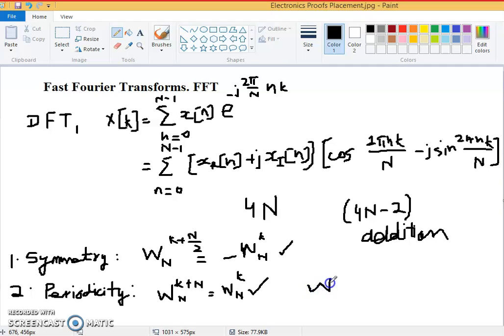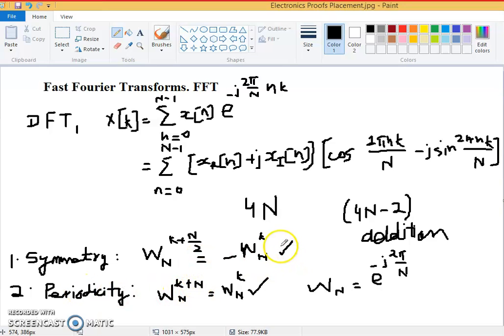What is the twiddle factor? W_N is e raised to power minus j 2 pi by N. This factor is called the twiddle factor. It repeats its values after n because of periodicity.